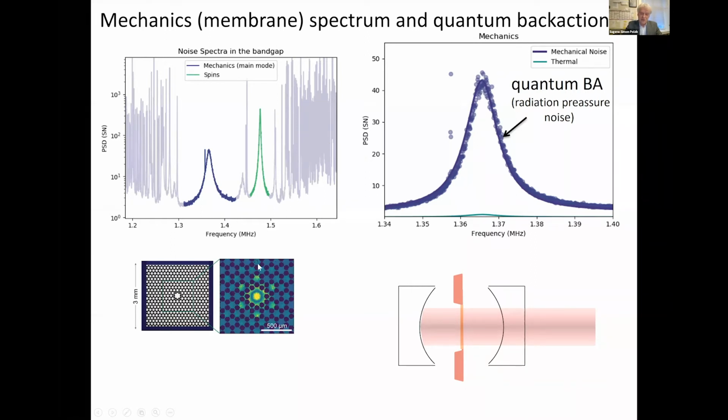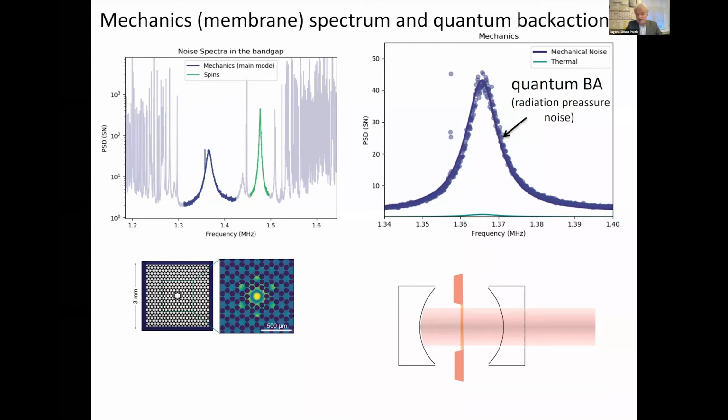The engineering of this phononic band gap allows me to have a very clean spectrum within the band gap range. It's engineered in such a way that the mechanical frequency is exactly in the middle of this phononic band gap structure. So that simply means that A, I don't couple to the external acoustic noise, and B, my Q factor can be really, really high.